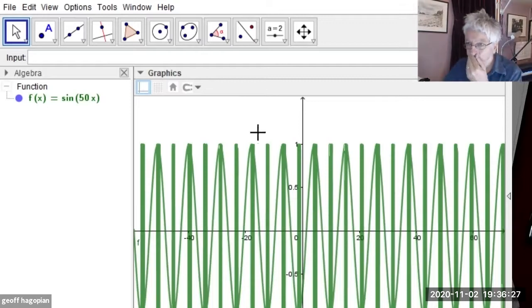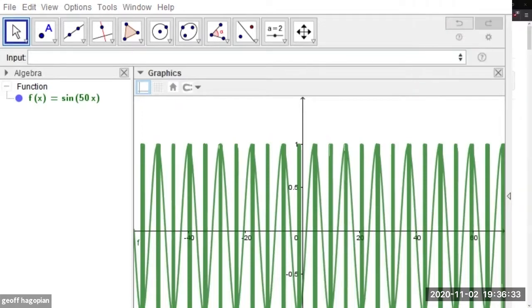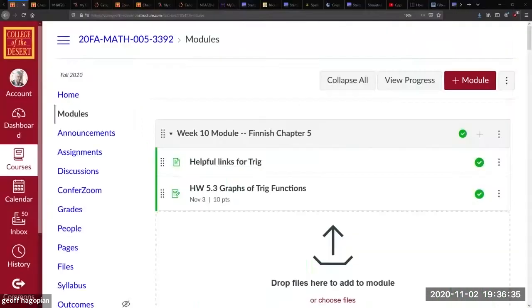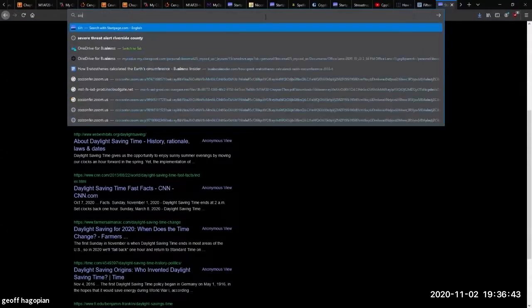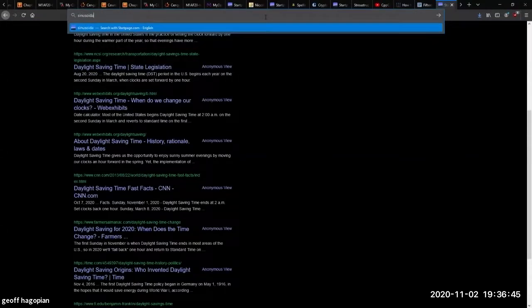Maybe we need a website for this. So let's go to display capture and okay, here, and let's look up sinusoidal sampling and aliasing.